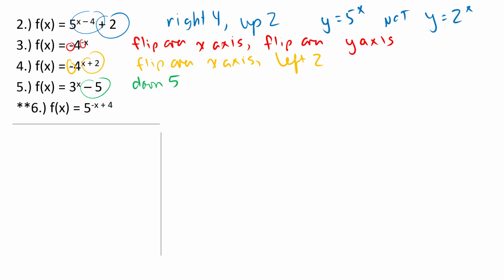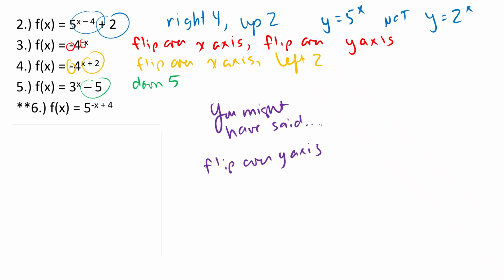Now for number 6, if you did not actually check your work on a graphing utility of some sort, you might be sitting there with this one wrong and you don't realize it's wrong. So you might have said a flip over the y-axis because of the negative in front of the x.